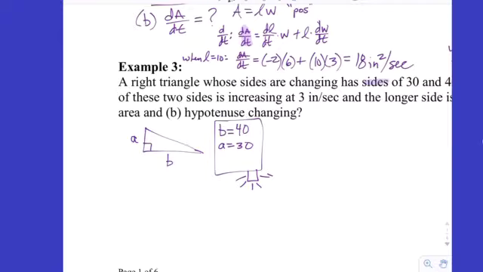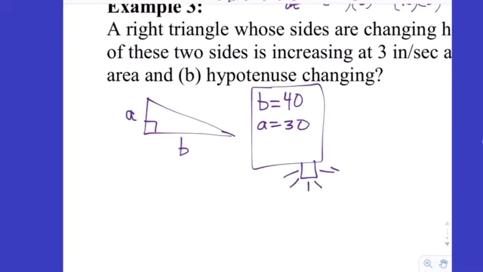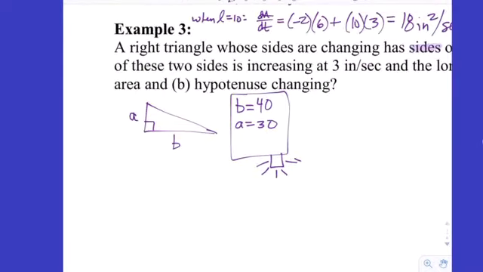I've already drawn my triangle. I've labeled the unknowns. Now it's time to decipher the rates and label them. The shorter of the two sides, which we're calling A, is increasing by 3 inches per second. So that's dA/dt. And is it positive or negative? Positive 3.